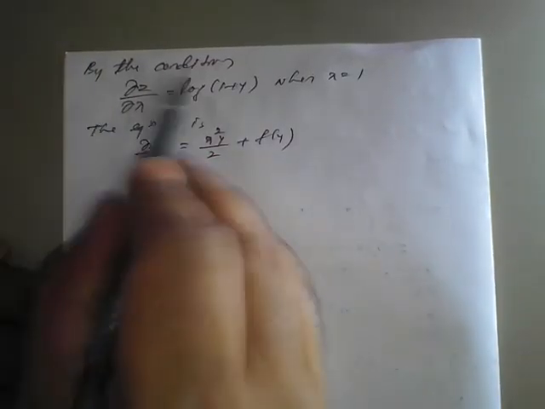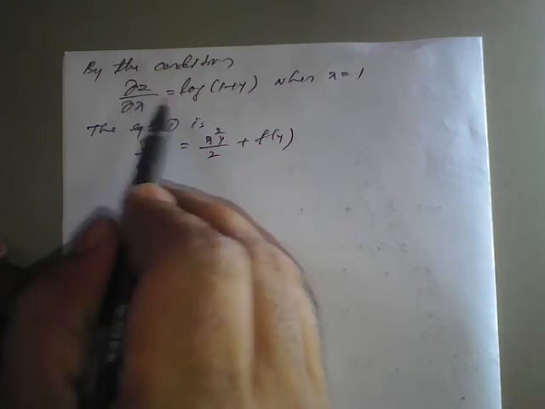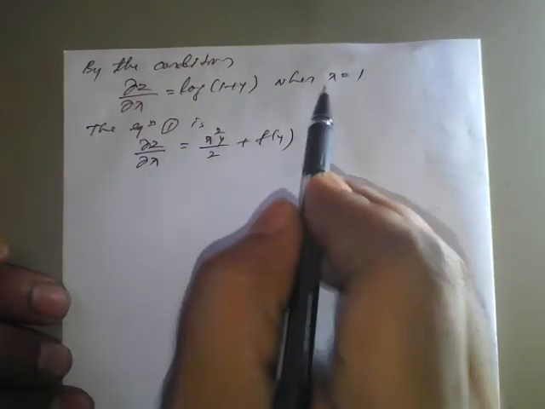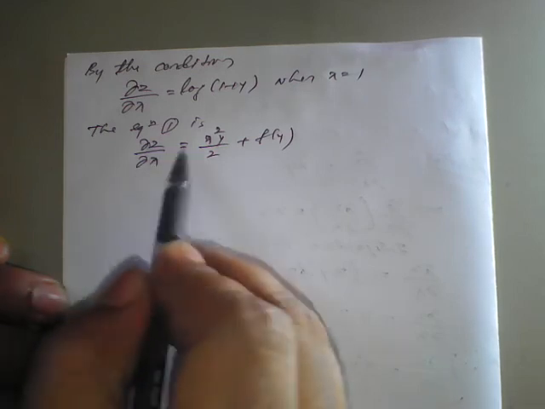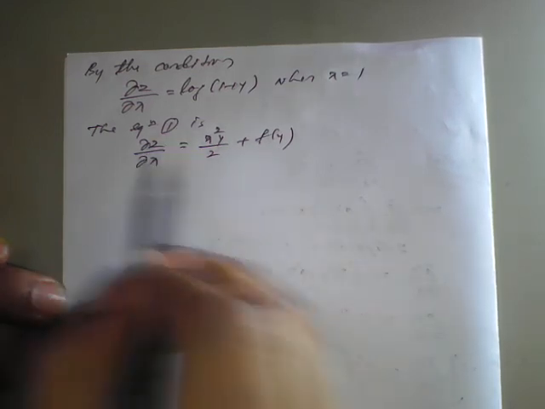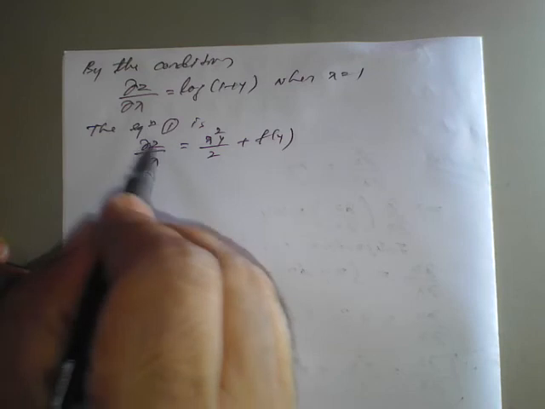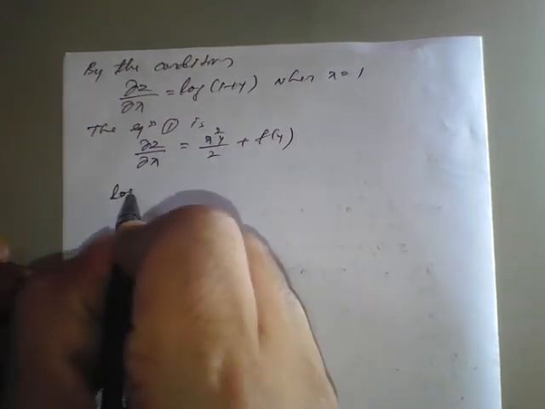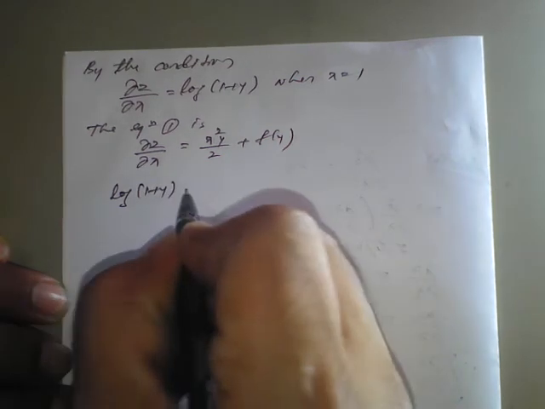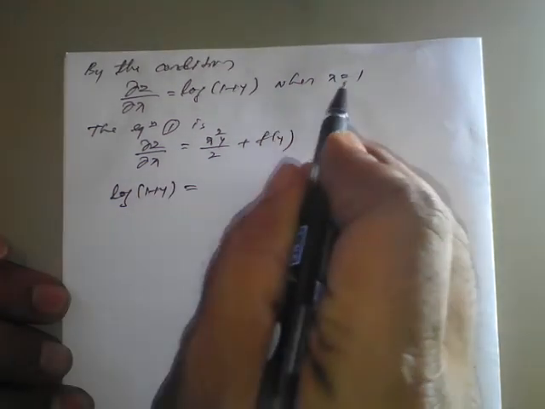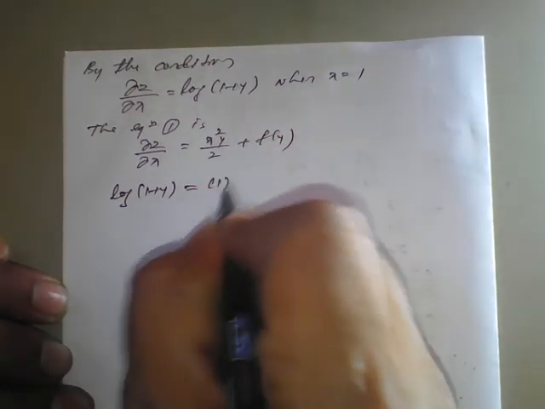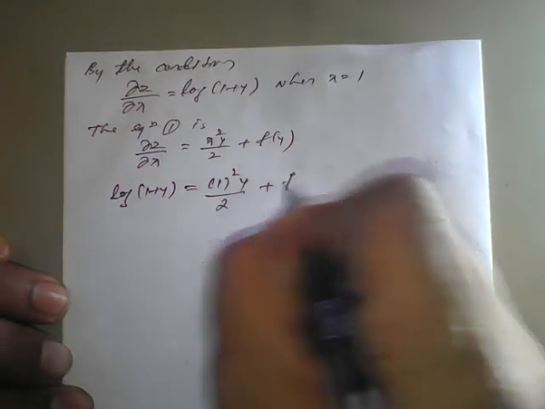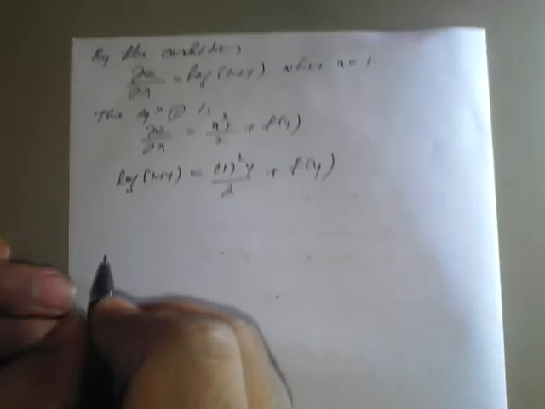The first condition is ∂z/∂x is equal to log(1+y) when x is equal to 1. This is given in the question, and this is what we got from equation number 1. Now in this equation I will apply these two conditions. So replacing ∂z/∂x, log(1+y) is equal to, x is 1, so 1² times y/2 plus f(y).